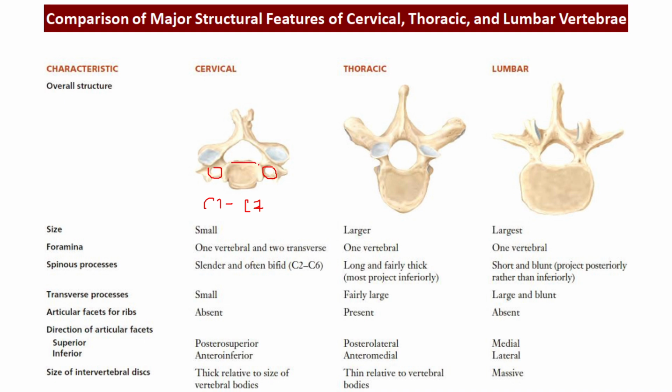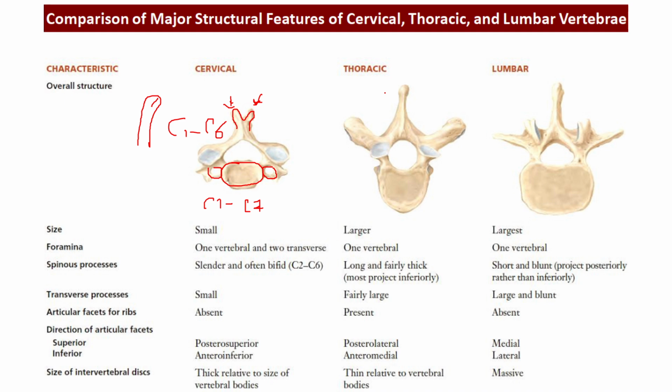And the body is very small. From C1 to C6, the spinous process is divided into two tails, called bifid spines. But for C7, it is more prominent and has no bifid spine.